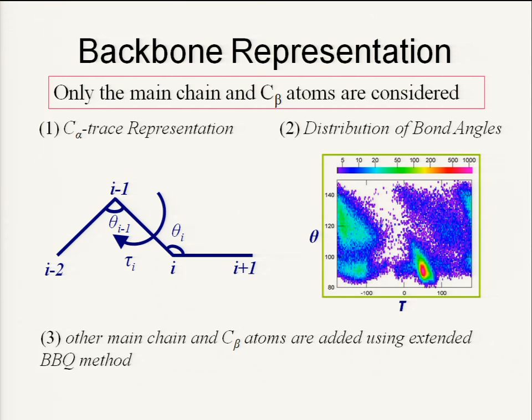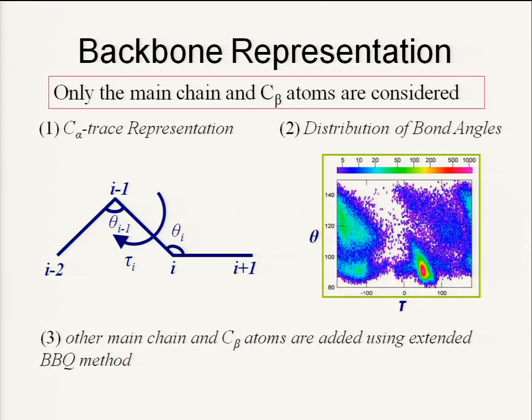Here, I want to address this again. We only use the main chain and C beta atoms. Firstly, we represent the backbone using C alpha atoms. Each node in this picture represents a C alpha atom.